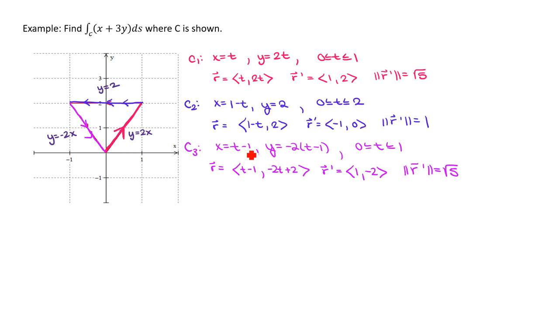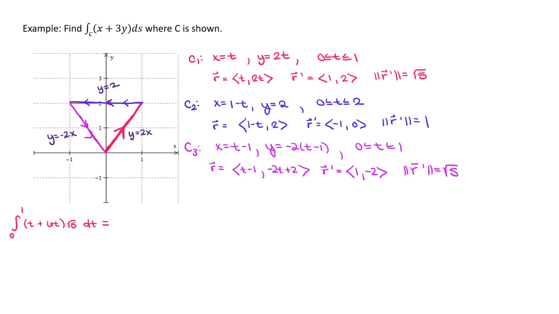And then finally, for my last path, I'm going to write that path as t minus 1, -2t plus 2. So my derivative is 1, -2. Magnitude of that derivative is square root of 5 again. And so now I'm ready to set up each one of these integrals.